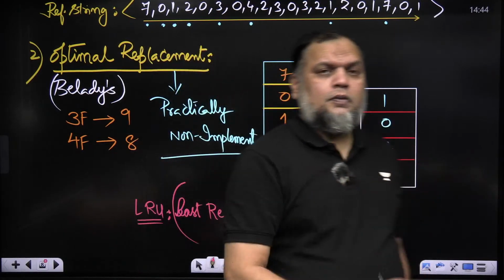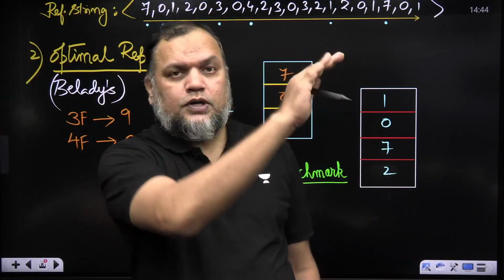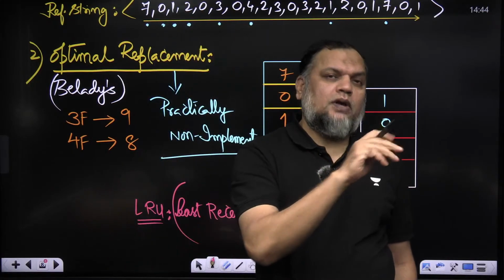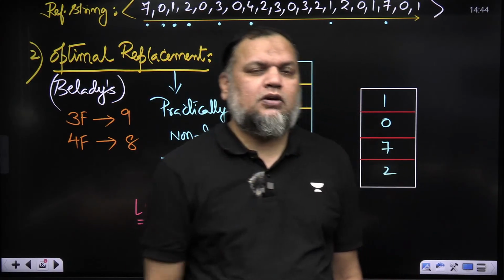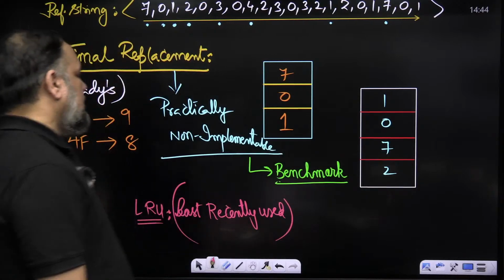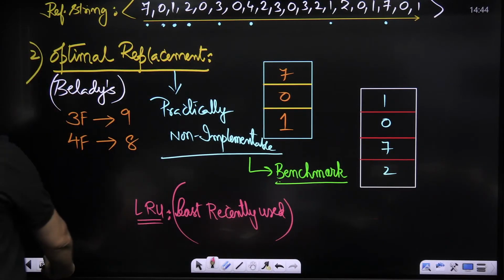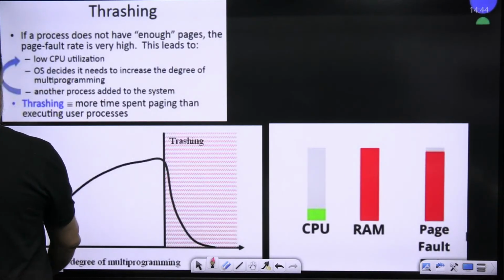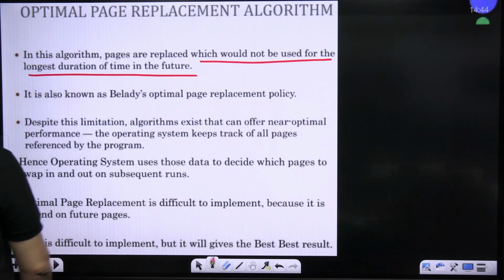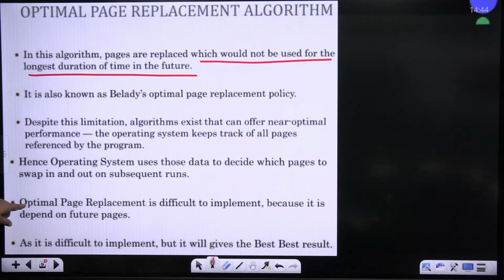Exact opposite to optimal. You cannot look into the future, but you can look into the past. अगर आप past पे देखते हुए जो apply करोगे concept like optimal, then that is called least recently used. So let's study least recently used algorithm for the same reference string. Optimal page replacement algorithm is difficult to implement because it is dependent on future references, but it will give you the best possible results, right?